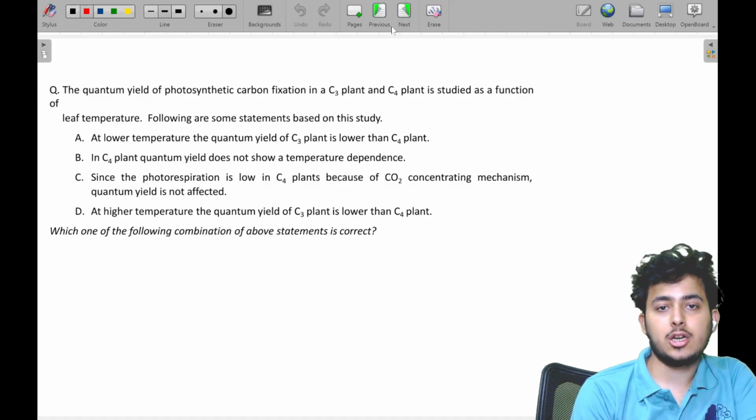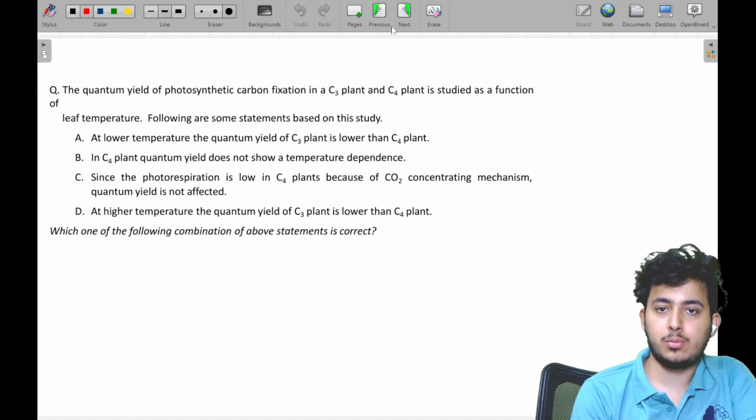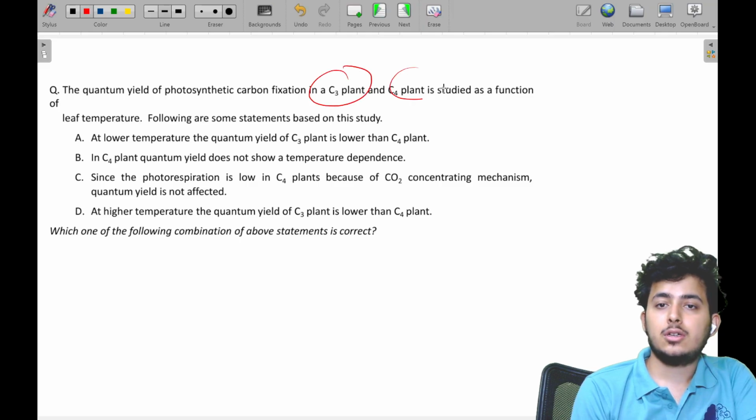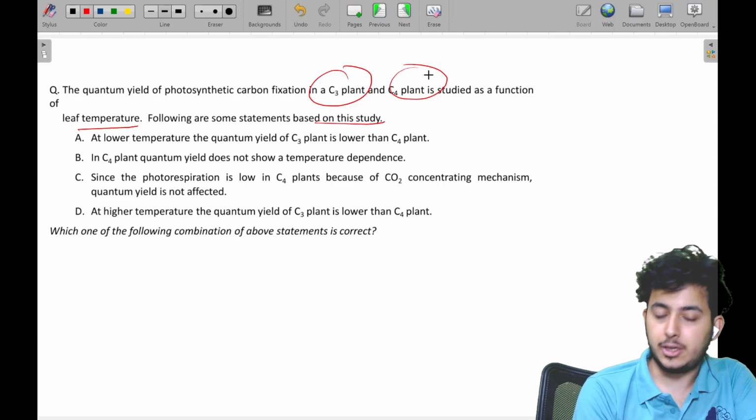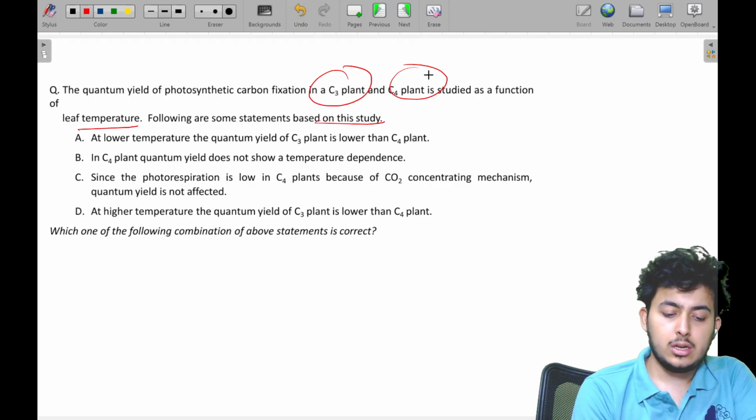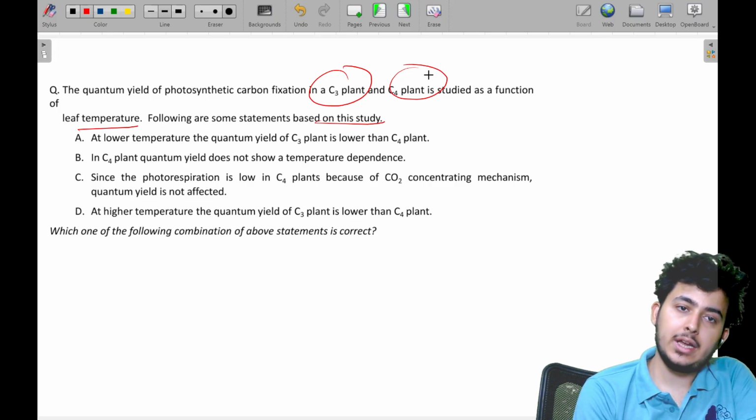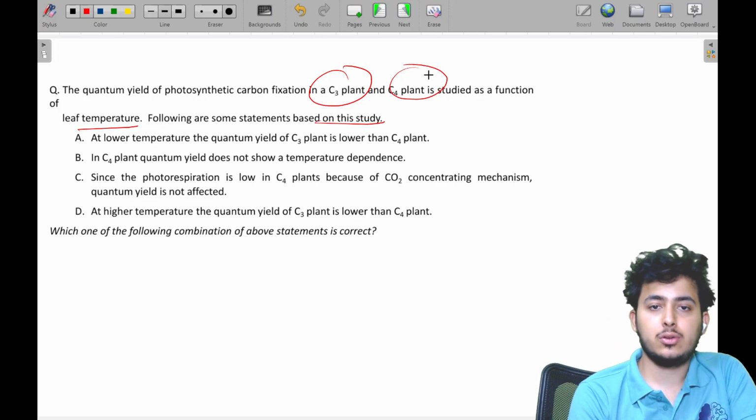Quantum yield of photosynthetic carbon fixation in a C3 plant and a C4 plant is studied as a function of leaf temperature. Following are some statements based on this study. Statement A: at lower temperature the quantum yield of C3 plants is lower than C4 plants.